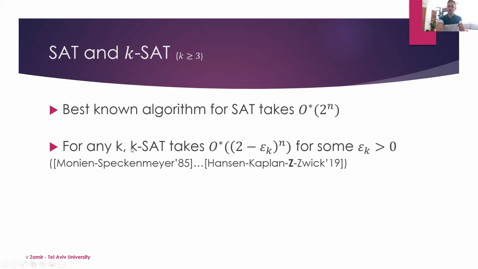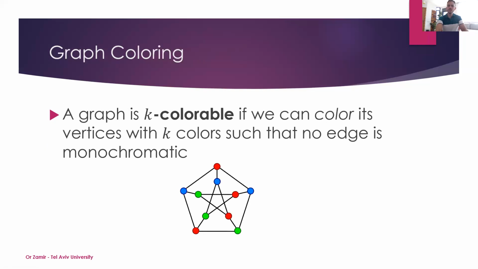So for every constant k there exists some epsilon k which is positive and obviously depends on k, such that you can solve k-SAT in (2 minus epsilon k) to the n time. We knew about such results since the mid-80s, and these constants epsilon k were improved many times since then.